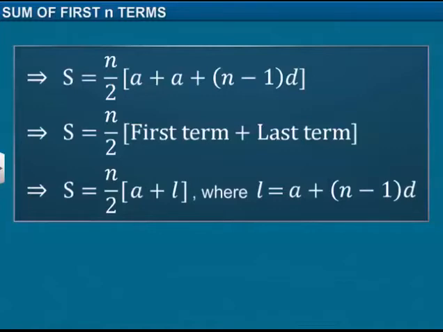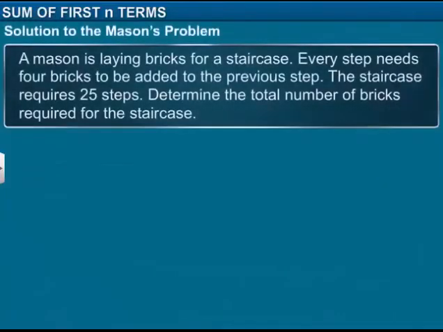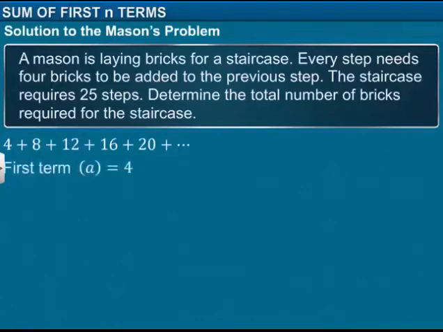You can see that the number of bricks in the staircase forms an AP. According to the given data, the first step will have 4 bricks. Therefore, the first term A equals 4. Common difference D is 4. The number of steps is 25. This is equal to the number of terms in the progression, that is n. You can apply the formula for sum of n terms to the given data.